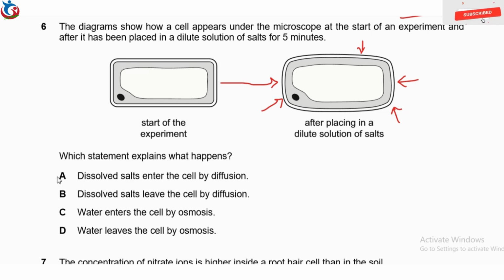So it is not dissolved salts entering the cell by diffusion, and it is not dissolved salt leaving the cell by diffusion, but rather water entering the cell by osmosis. That makes option C correct, and water leaving the cell, option D, is wrong. So option C is the correct answer. With this, we now move to question 7.